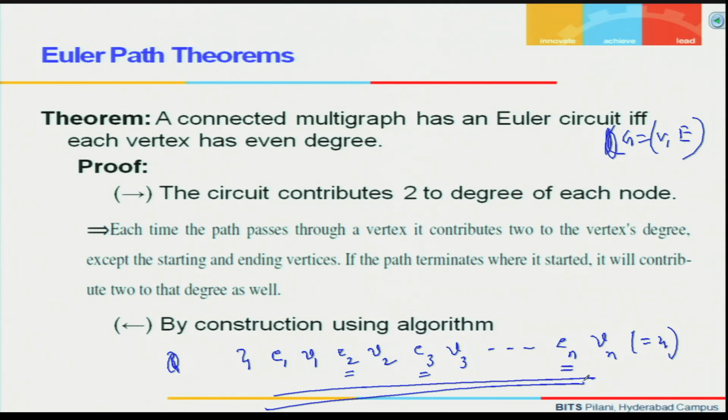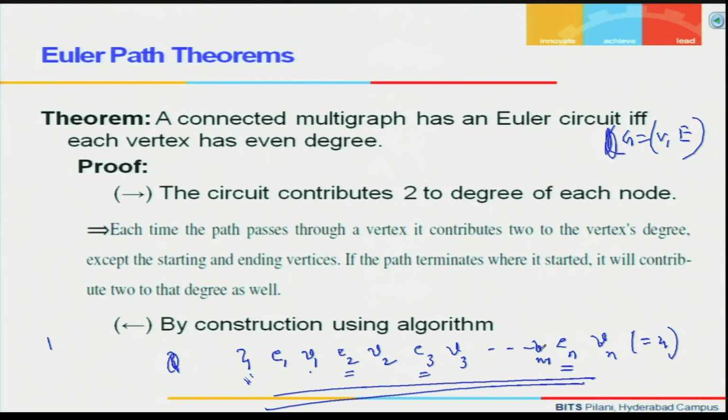Okay, now if you carefully observe, we will count the degree of each vertex over here. What is the degree that is contributed to U when I say there is an edge from U to V1? One is being contributed to the degree of U, isn't it? And again there is Vn minus 1, and from Vn minus 1 to Vn there is an edge, and Vn is nothing but U anyway, because this is a Euler circuit, that is what is given to us.